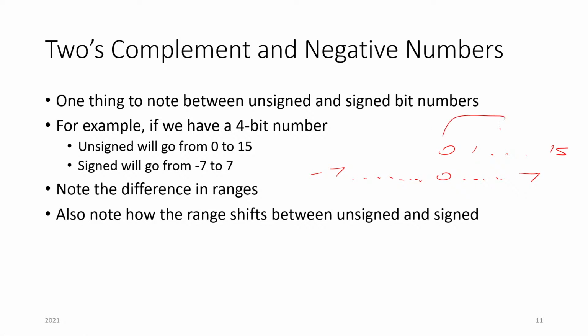It's like if we have a first half and then a second half. The first half here will be 0 to 7, the second half here will be 8 to 15. The second half here is what ends up getting flipped as a result from moving from unsigned to signed. So that's what you need to pay attention to in particular when you're dealing with these.